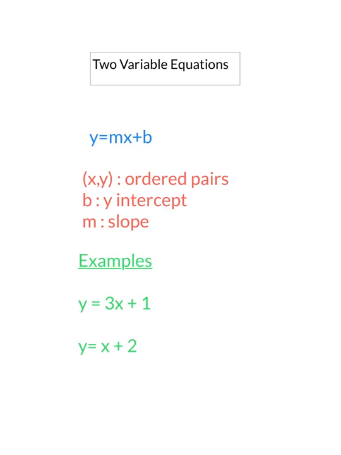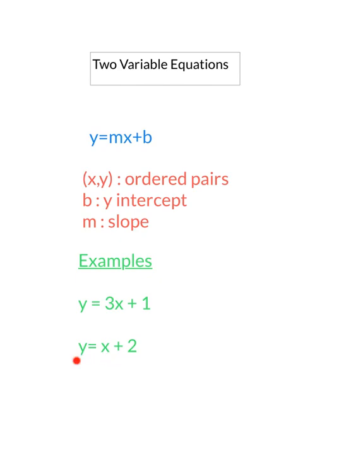Here are a couple of examples of two variable equations. Y equals 3x plus 1. X and y, those are your ordered pairs, and those are your solutions. B is the y-intercept, and 3 is the slope. Here's another example. Y equals x plus 2.